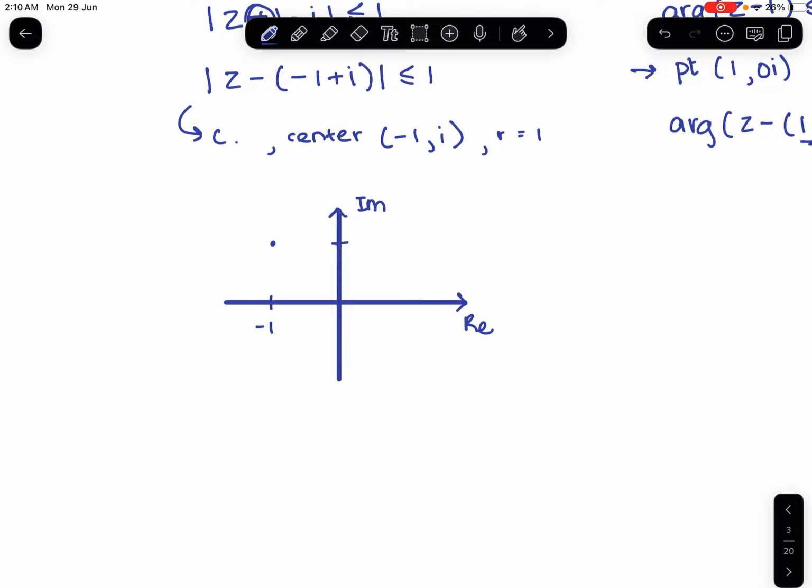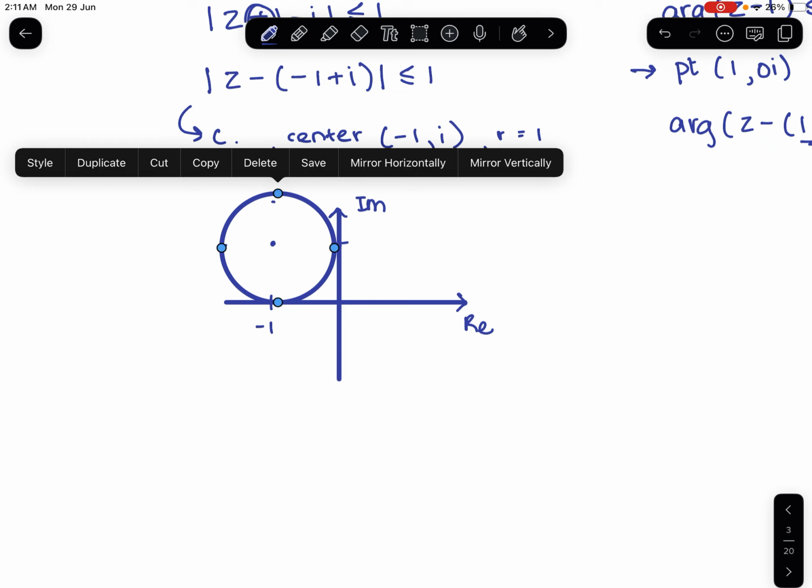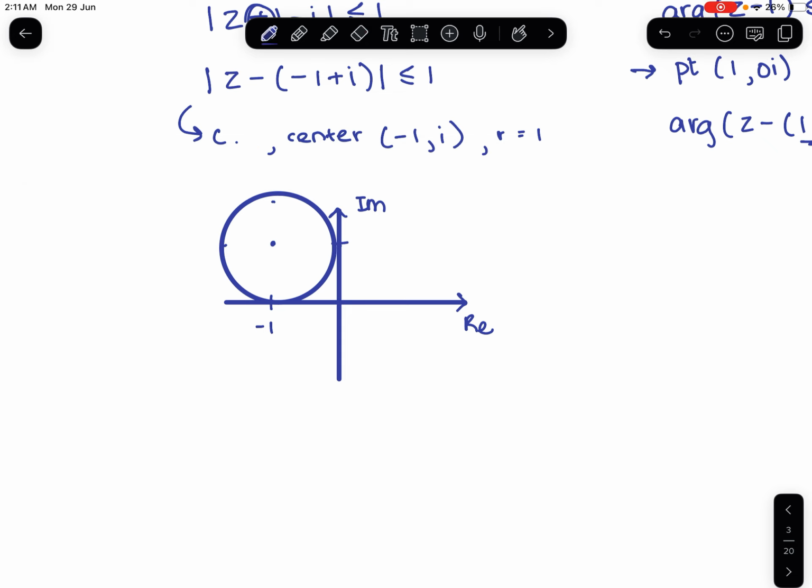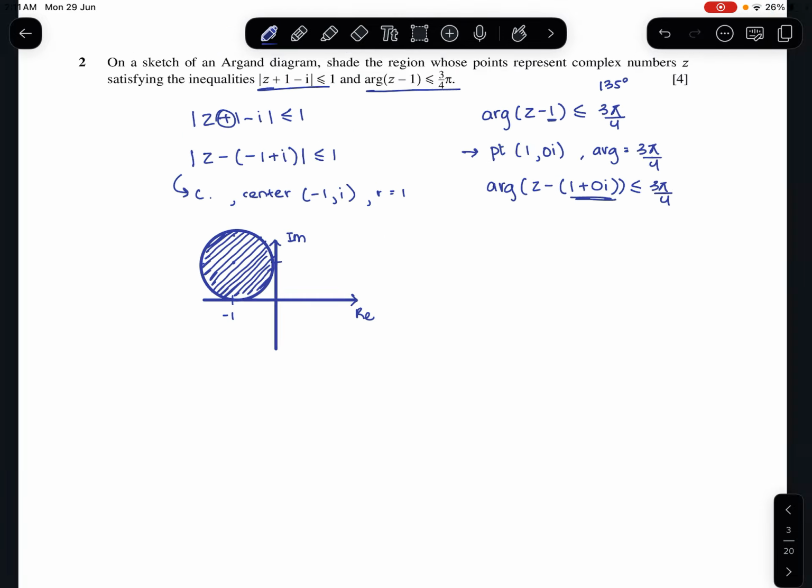Of course you can use a compass to get this just right, but roughly that is going to be our circle. And since we have less than or equal to, we're going to shade inside the circle. So for the first inequality, that is your sketch.